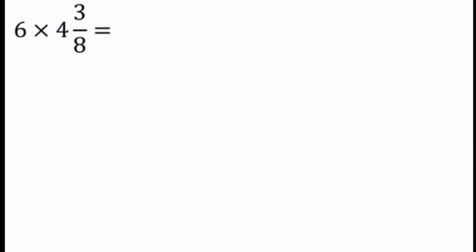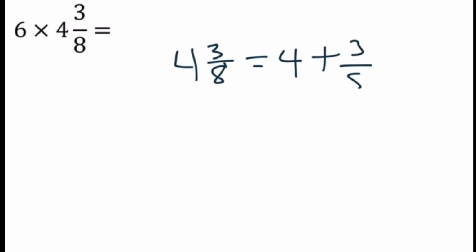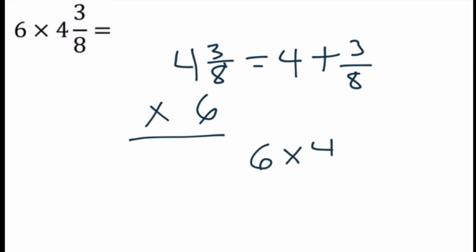So I'm going to think of 4 and 3/8 as 4 plus 3/8. And I'm going to multiply each part of that equation, 4 plus 3/8, by 6. So I'm going to do 6 times 4, which gives me 24.